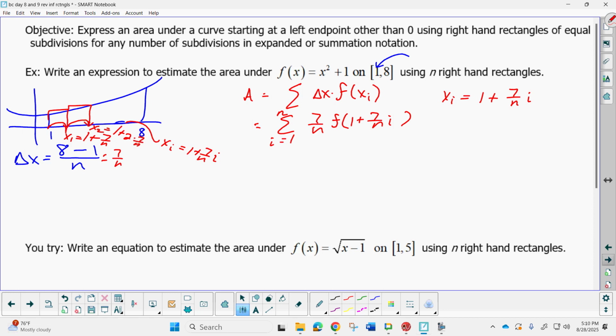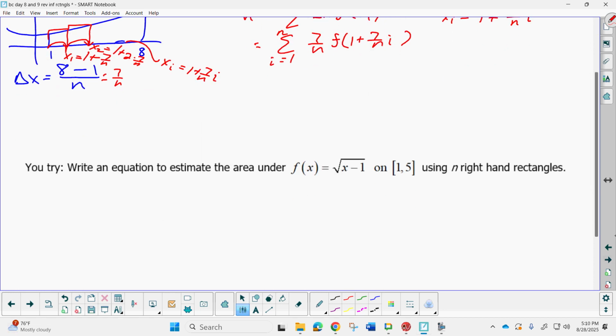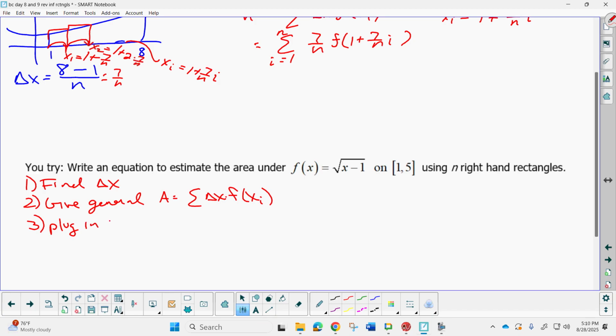You try one. All right, if you're confused, you might write these steps down for reference.